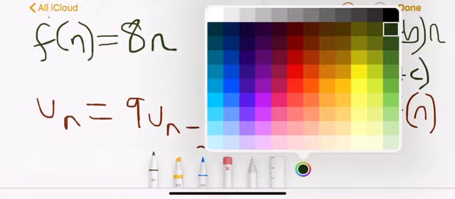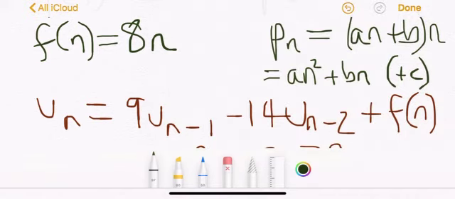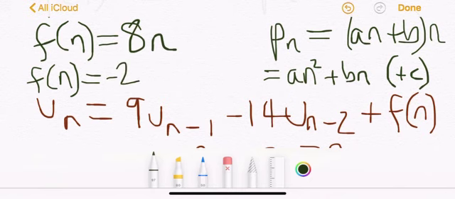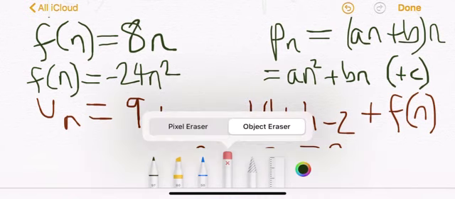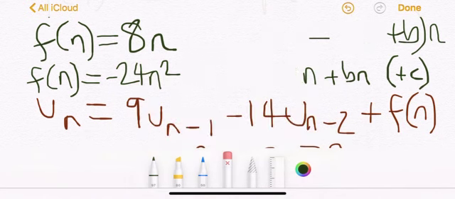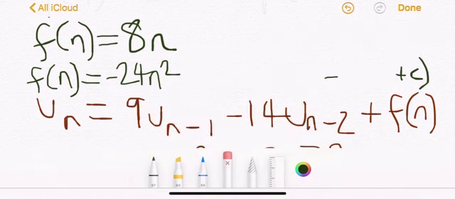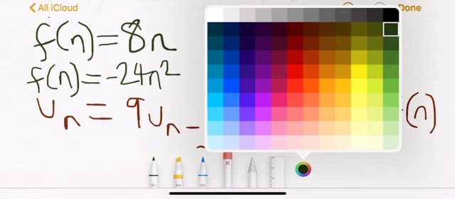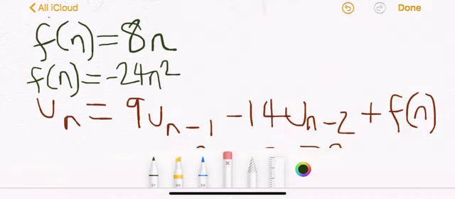Finally, we could consider when f of n is something quadratic, and the same thing is going to happen because h of n has a polynomial part. If f of n is 24n squared, we can't just consider p of n as being a quadratic. We would need to multiply that quadratic through by n.